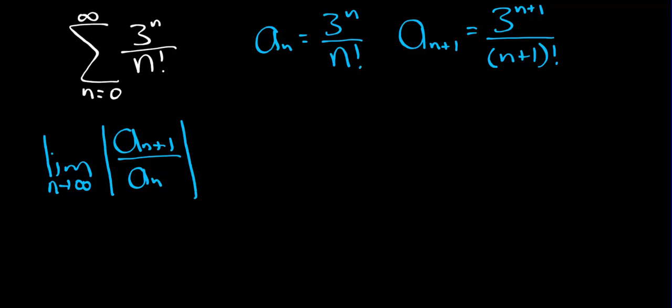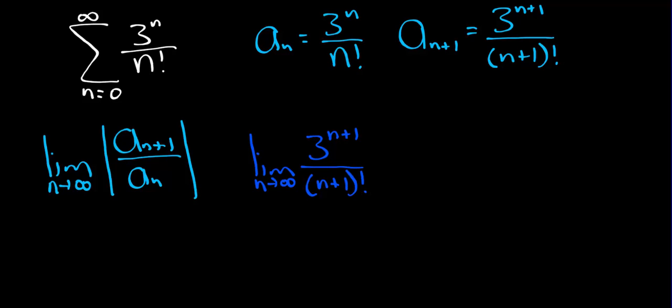It asks for us to evaluate that limit. Now, so let's do that. Here we go. We've got the limit as n goes to infinity. Now I'm going to just drop the absolute values because there's no reason to have it here. In other words, I'm just going to look at this as 3 to the n plus 1 over n plus 1 factorial.